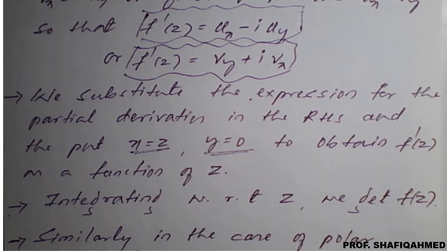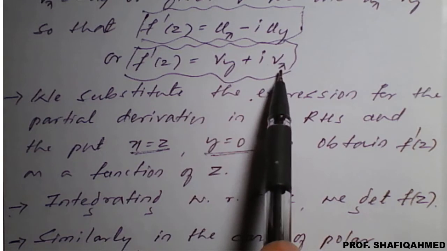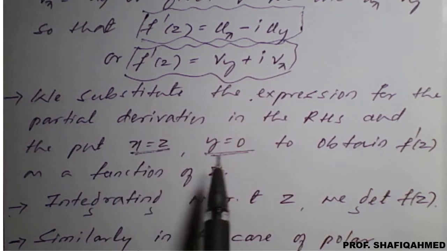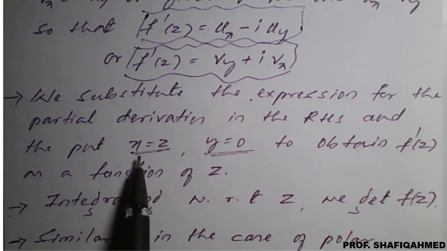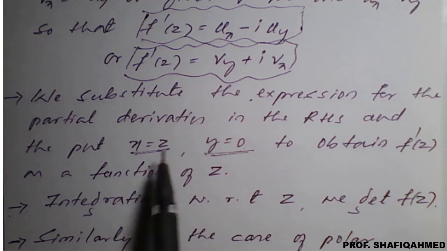Once you substitute the values of the partial derivatives, that is ux, uy or vx, vy, immediately we have to replace x is equal to z and y is equal to 0. This replacement of x is equal to z, y is equal to 0 is nothing but the Milne-Thomson method.